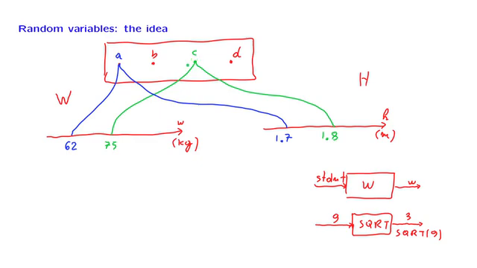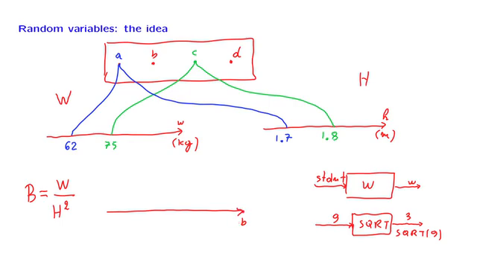Now, given some random variables, we can create new random variables as functions of the original random variables. For example, consider the quantity defined as weight divided by height squared. This quantity is the so-called body mass index, and it is also a function on the sample space. Why is it a function on the sample space?